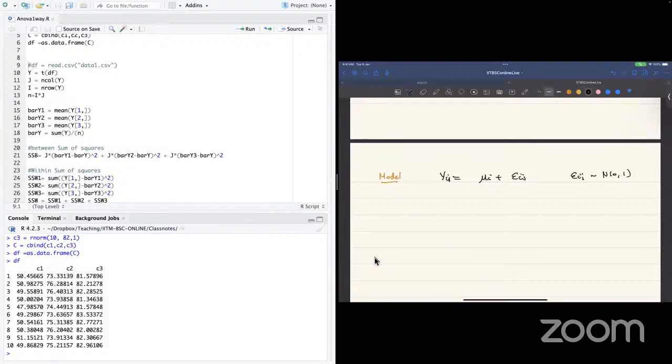And then I want to test if mu1 is equal to mu2 is equal to mu3. So my null hypothesis is that they're all the same. That's my null hypothesis, right? So I want to test.